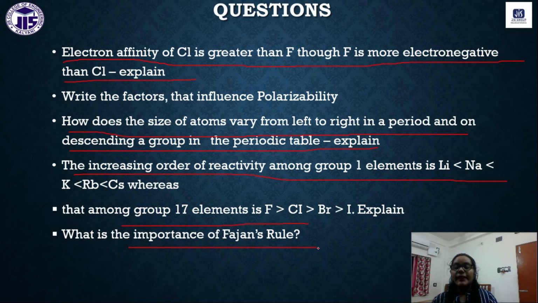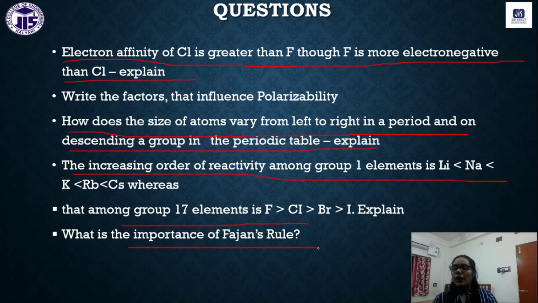In that case, the covalent character of the bond will be higher. So if we know Fajan's rule, we can know the possibility of an ionic bond and the possibility of a covalent bond. Okay, so this is the importance of Fajan's rule.